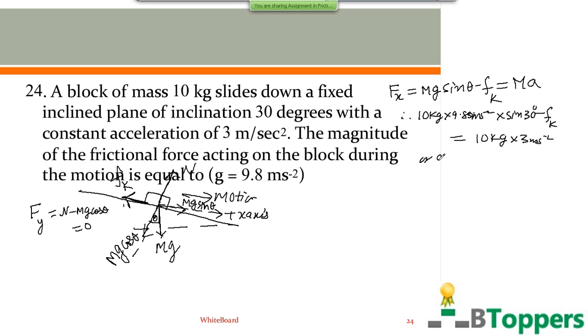So you can write sin 30 degrees equal to 1 by 2. And can solve for Fk here. So you get magnitude of kinetic friction of the block by the inclined surface is 19 newtons. So answer is 19 newtons.